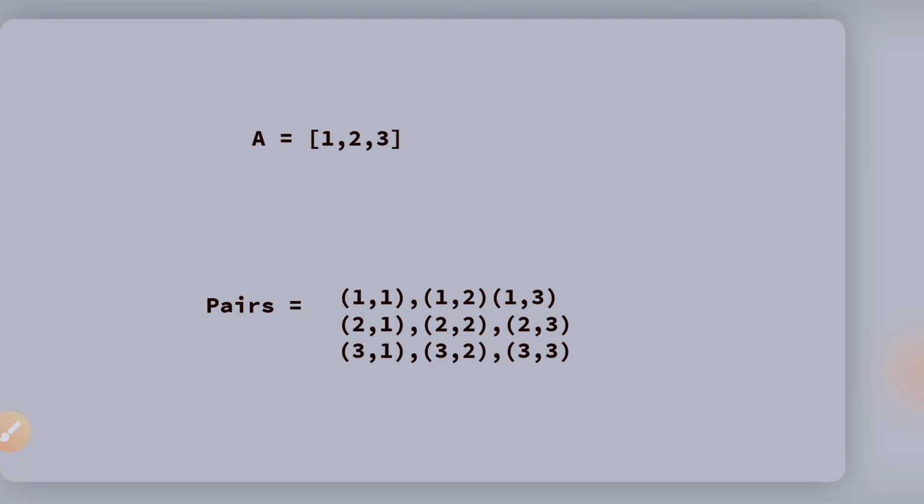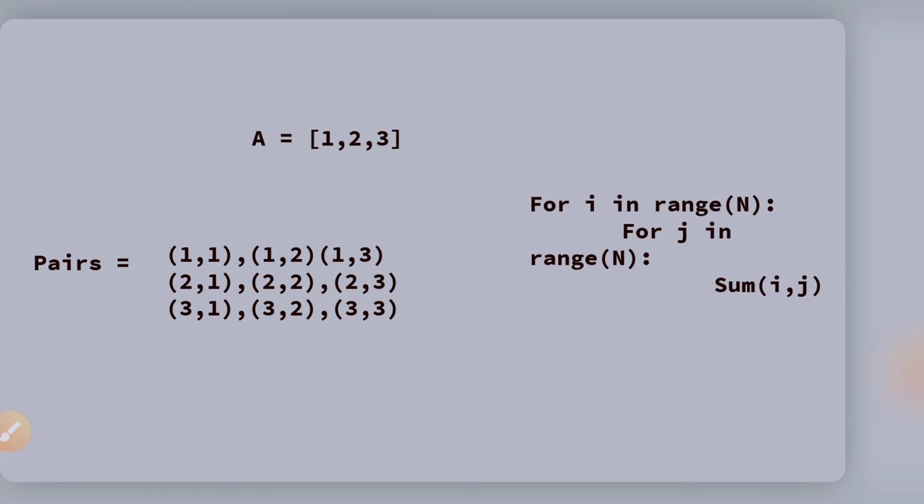So for doing so, we have to use 2 for loops. I will say it again, to find the sum of each pair of an array, we have to iterate it twice, by using 2 for loops. For i in range n, for j in range n, sum of i and j.